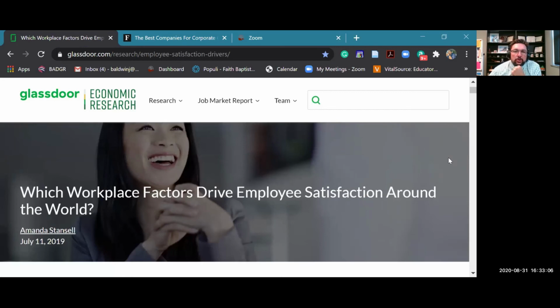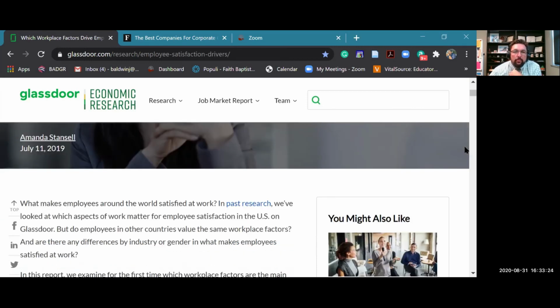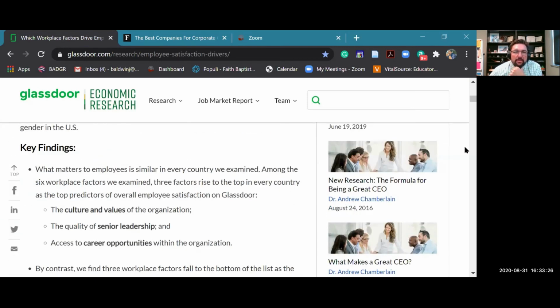So as you're looking at what makes the company you've been assigned so great, this might help you be thinking about different categories. This is not just the US, but we're also going to look at some of the factors that impact other countries as well when they look at good companies to work for. Key findings from this study: what matters to employees is similar in every country.